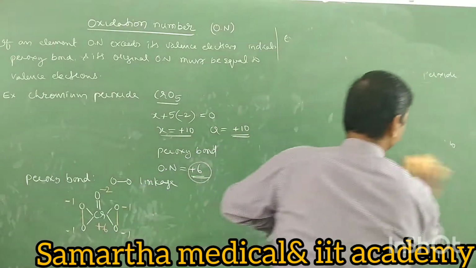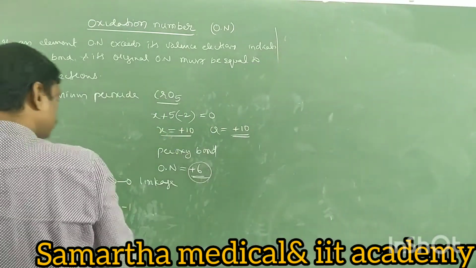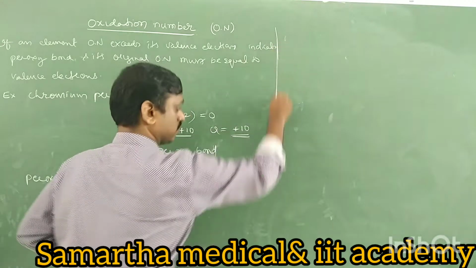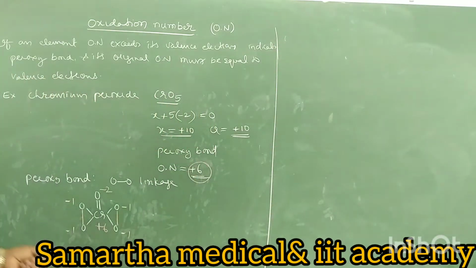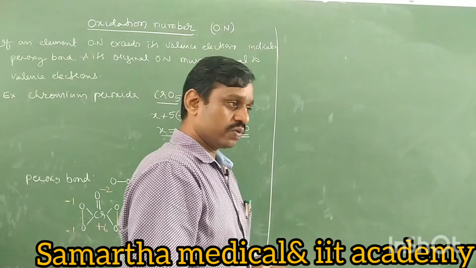Next rule. Do you know, usually metals have positive oxidation state, right? The metal oxidation number is usually positive, but in case of metal carbonyl, come on, tell me, in case of metal carbonyl, what is the oxidation state of the metal? 0.